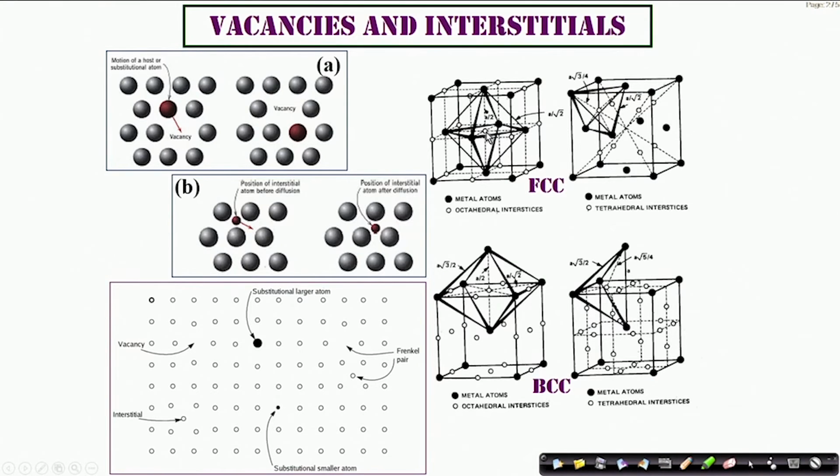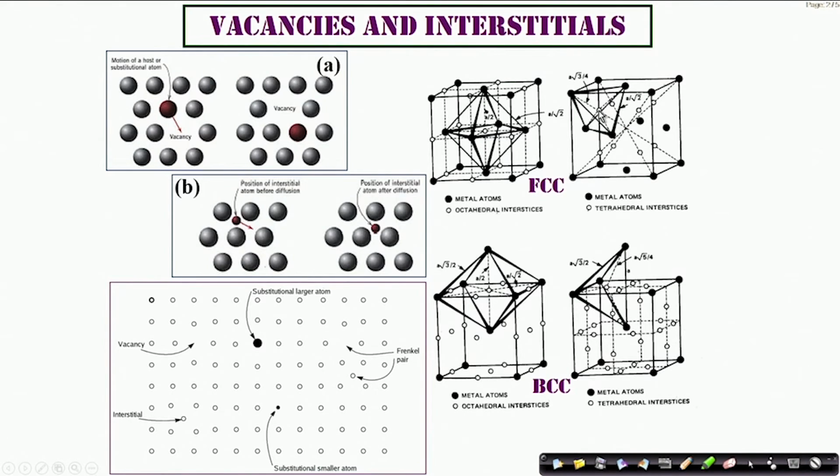But since this vacancy here is surrounded by 1, 2, 3, 4, 5 and 6 atoms, you can imagine as if this central position is surrounded by 8 faces or surfaces of triangular shape, and hence you call this an octahedral void. So an octahedral void will be coordinated by 6 atoms and 8 surfaces.